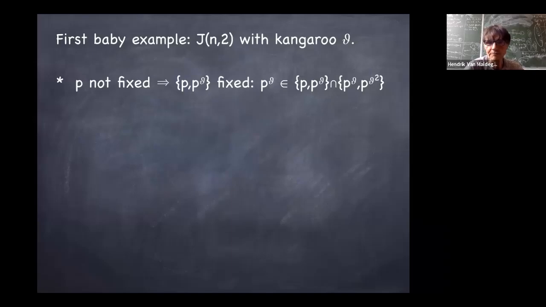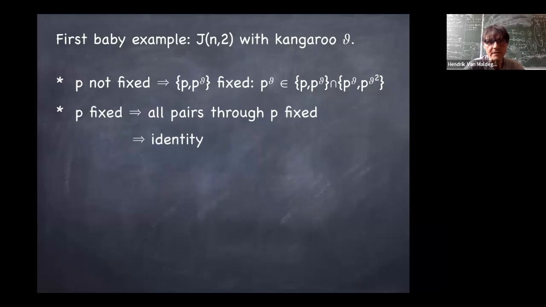Otherwise, P theta is inside these two sets that are mapped onto each other, and that's forbidden. So P theta is fixed, and then of course, if P theta is fixed, then P is mapped to P theta and P theta back to P. So you know precisely where P theta is going to.